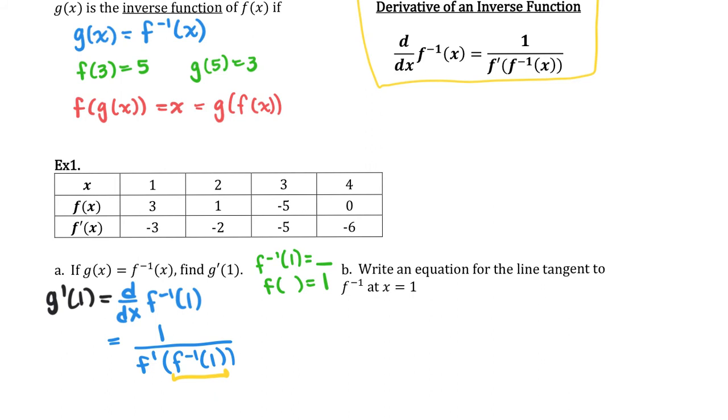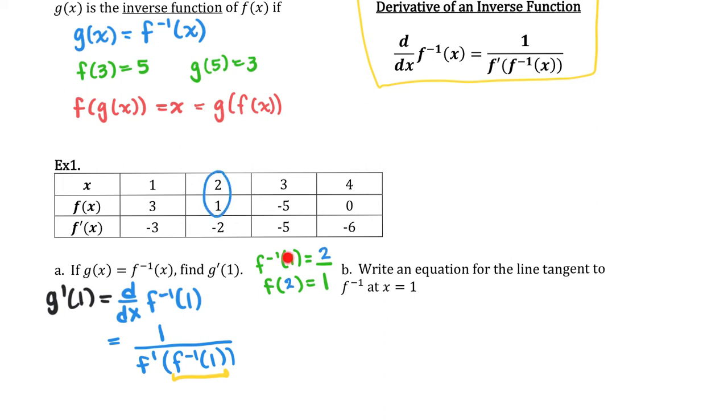So let me look at this table up here. If I want f inverse, I want to figure out where the function equals 1. So I'm going to look in the second column. f of x is equal to 1 here when x is 2. So since f of 2 equals 1, f inverse of 1 is actually 2.